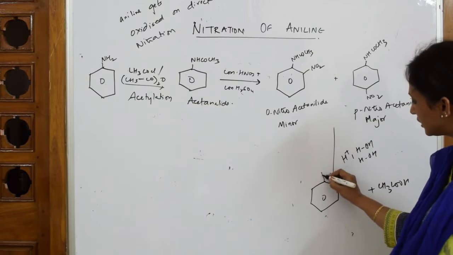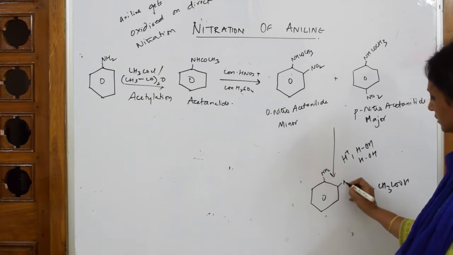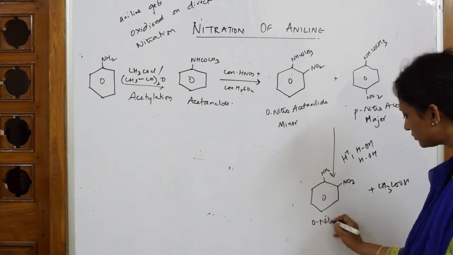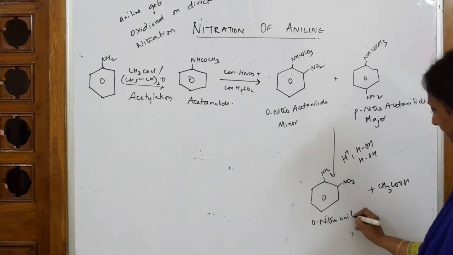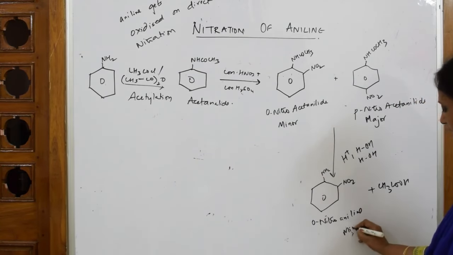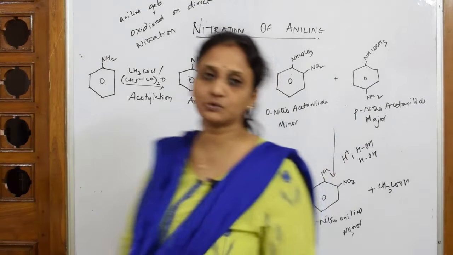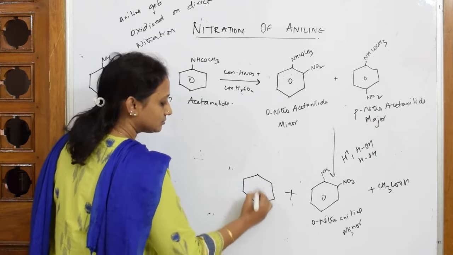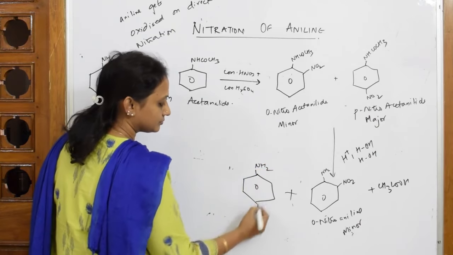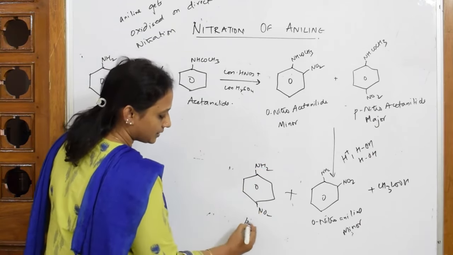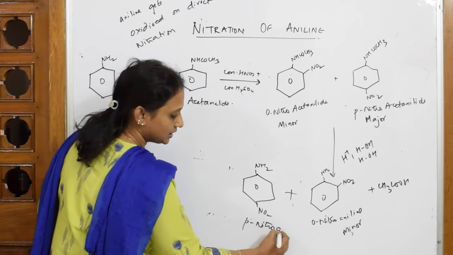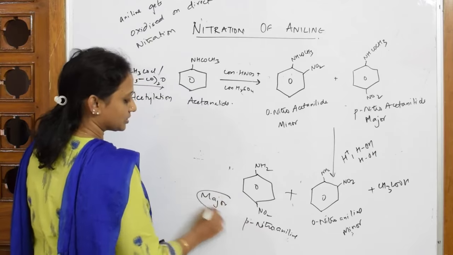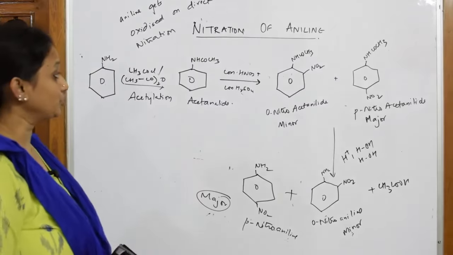One is ortho-nitroaniline, which is a minor product. After that, I am also going to get para-nitroaniline, which is a major product. That's it. So this is how you're going to do nitration.